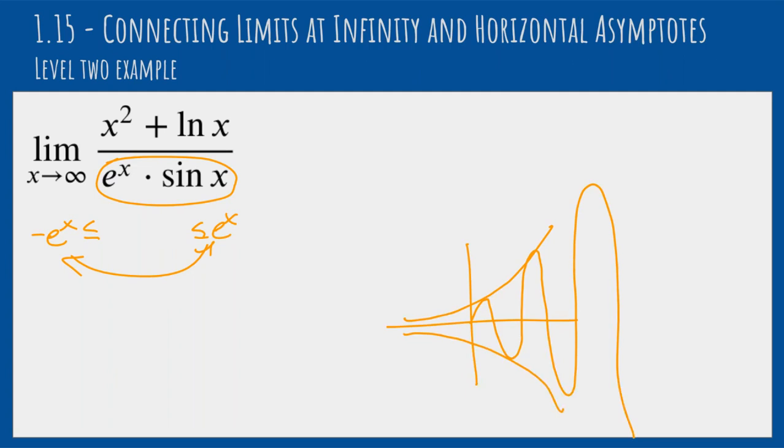So the value that we're getting in the denominator, it's getting really big sometimes, and it's getting really big negative sometimes, but it's also zero sometimes. And it's also kind of small positive numbers or small negative numbers sometimes.